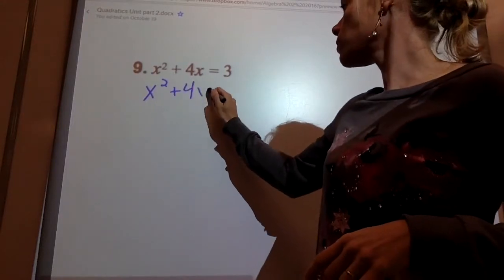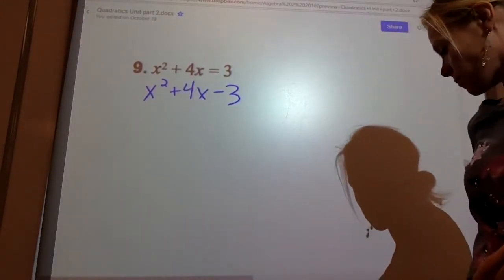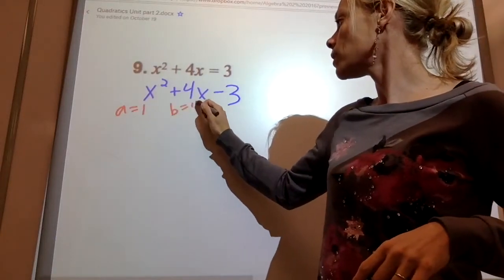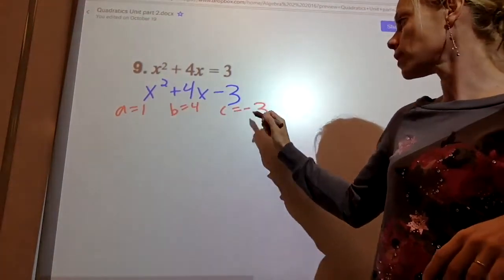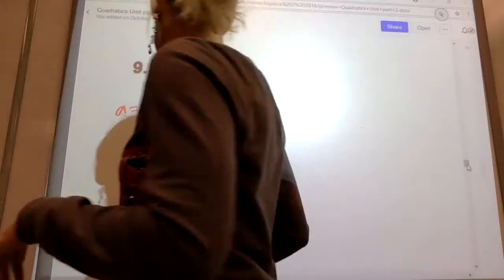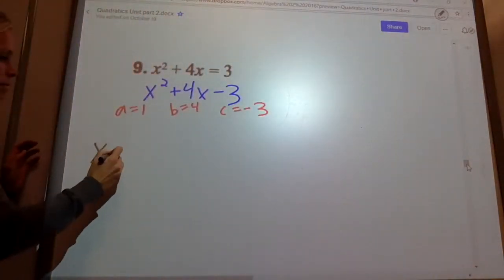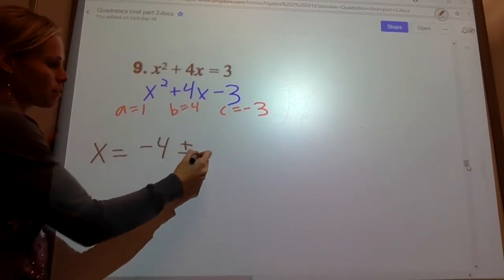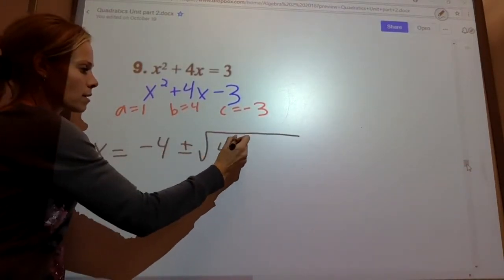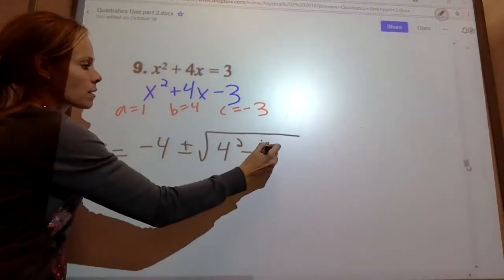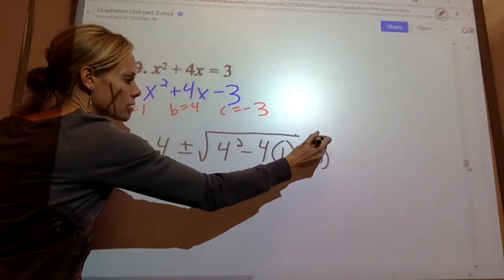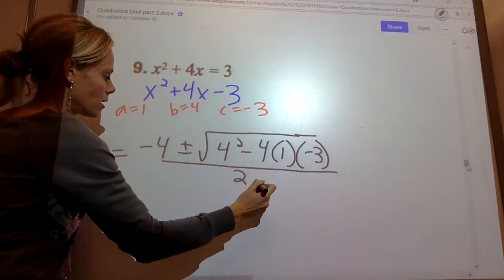So standard form, subtract the 3. A is 1, B is 4, C is -3. So quadratic formula, I would have x equals -b plus or minus the square root of b squared minus 4 times a times c all over 2 times a.